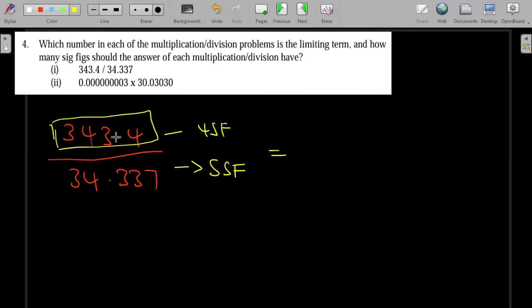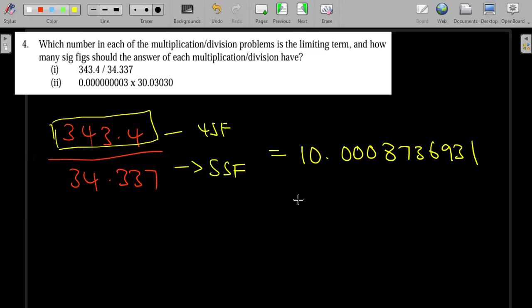So we have 343.4 divided by 34.337. My calculator is giving me this number, so I'm going to write all of it: 10.0008736931.